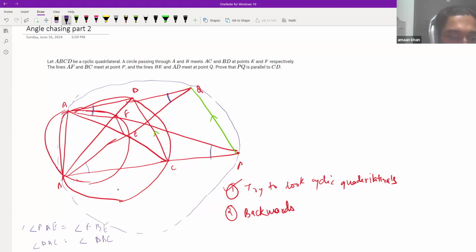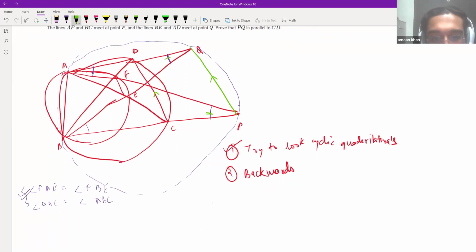This works, yes. So she proved ABPQ is cyclic. Another proof, which I had in mind, was to show these two angles are equal. In this diagram, P and Q are the only weird points. A, B, C, D, E, and F are related in a very good way because you can see two cyclic quadrilaterals which are given in the problem.